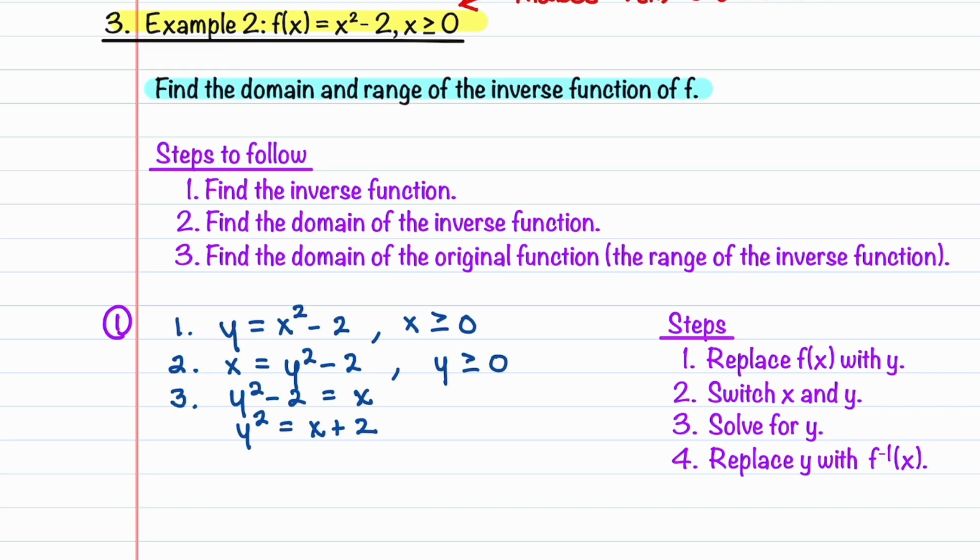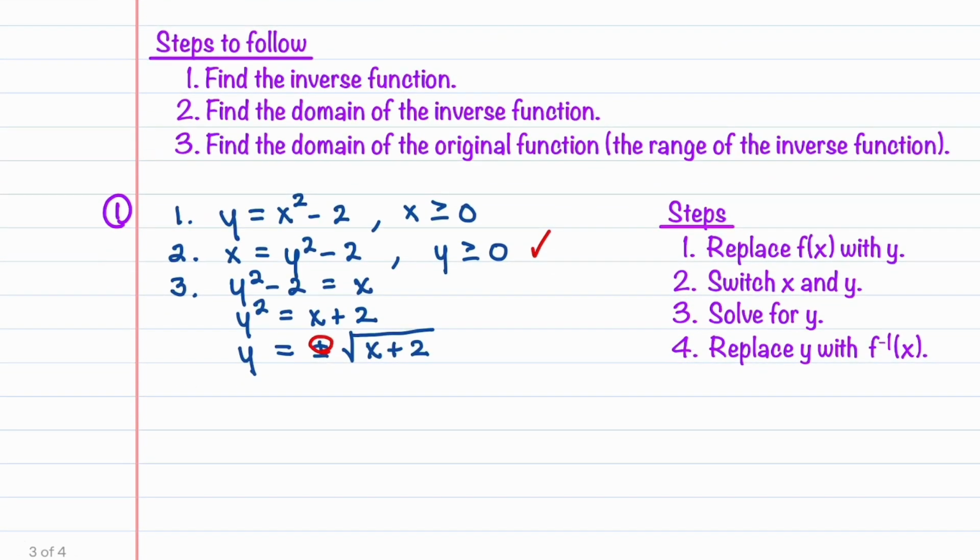Now we're going to take the square root. So y is, remember when you take the square root, you always do plus or minus, so plus or minus the square root of x plus 2. Now, here's where our restriction comes into play. Our restriction tells us that y is greater than or equal to 0, so that means we can only take the positive square root.